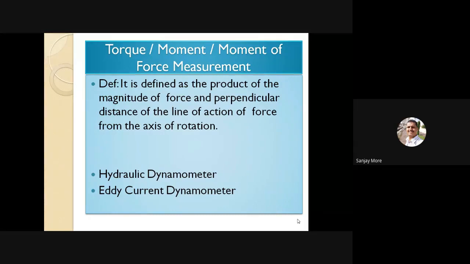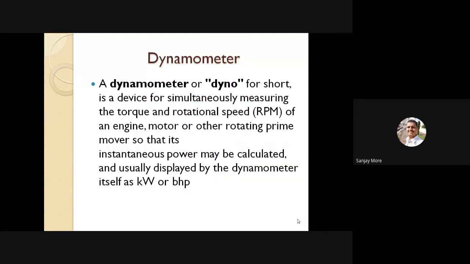Before starting hydraulic dynamometer or eddy current dynamometer, we are going to learn what is meant by dynamometer. Dynamometer, or short form dyno, is a device to measure torque or rotational speed of an engine, prime mover, or motor.